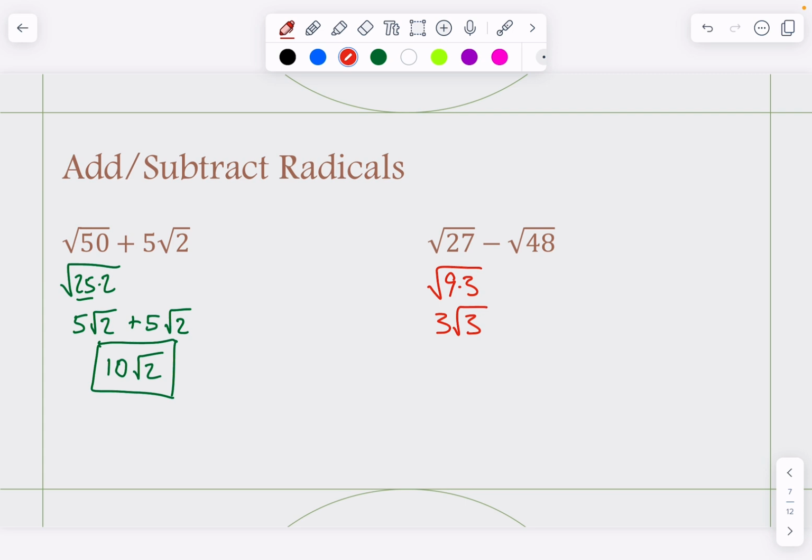Now square root of 48 is the same thing as 16 times 3, and the square root of 16 is 4. So this problem, when I subtract 3 and 4, I get negative 1 square root 3. That 1 doesn't actually matter, so I get a final truly simplified answer of negative square root of 3. And that's that. So there are only going to be 2 of those on your test.